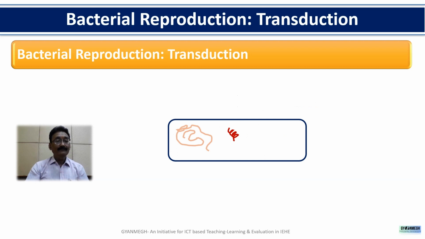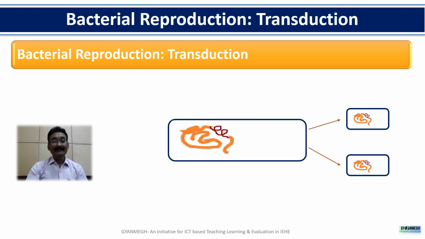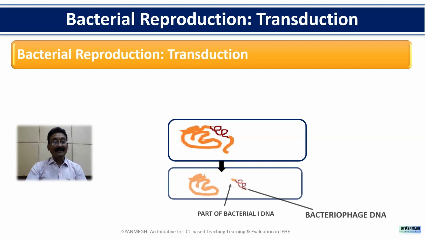The bacteria can replicate along with the phage genome; that is, the bacterial DNA replicates, as well as the bacteriophage DNA which is already incorporated into the bacterial DNA, replicating along with the bacteria.